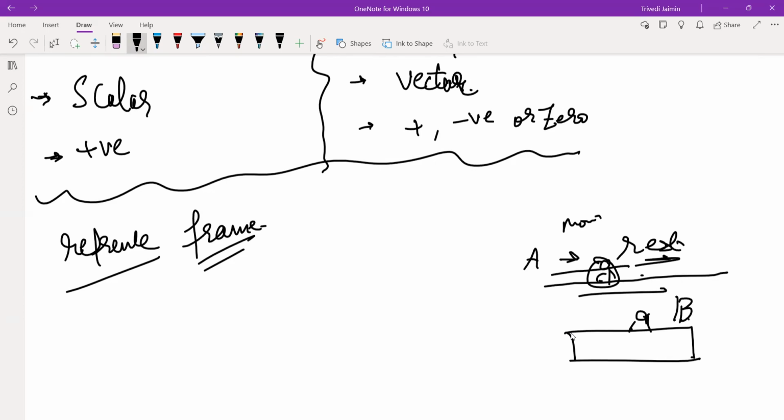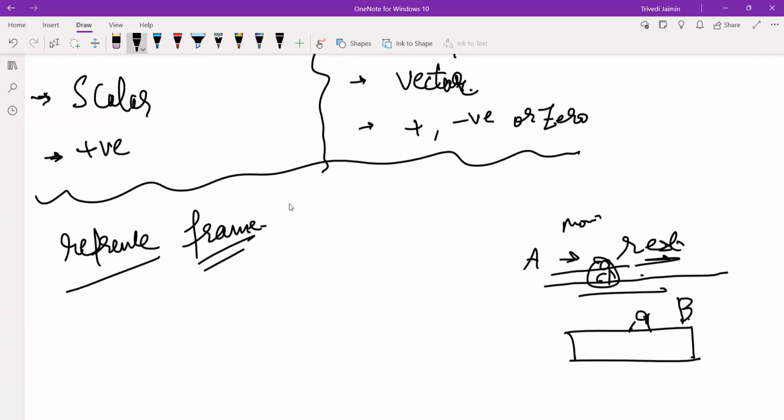Is he steady or something else? Moving, sir. Because as the train is moving, they also feel that the people on the platform are moving in the opposite direction. So he will observe that. No, you go first, then I'll give the answer. Anyone else want to share an answer? Yes, tell me.